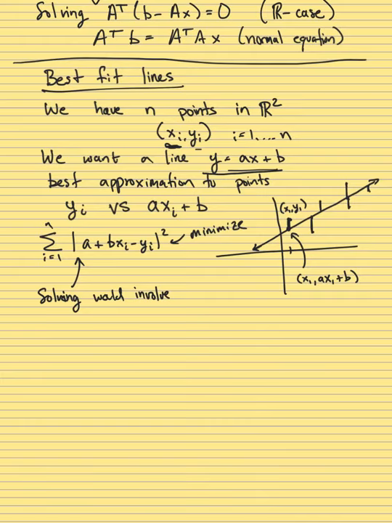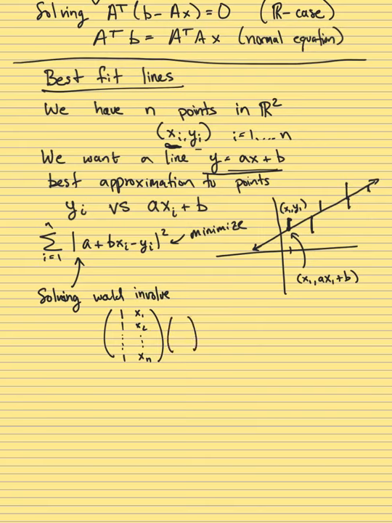If we wanted to actually solve this, solving would involve finding a solution to the following system. So you're looking at a column of all ones, and then x1, x2, up through x sub n. And remember, these are the things that are given to you. A and B are your variables.